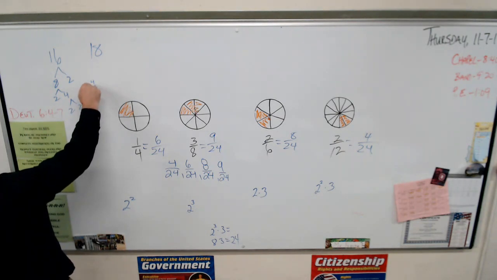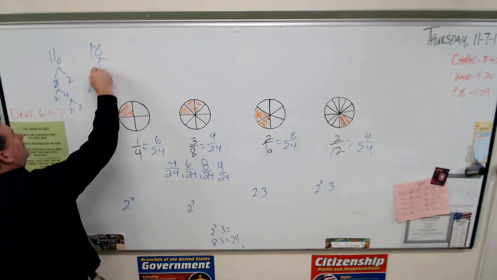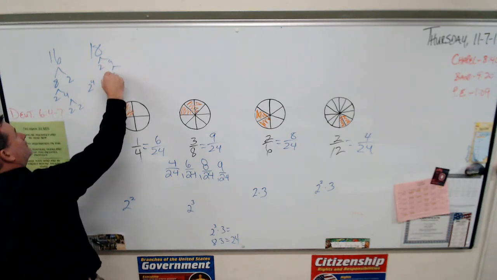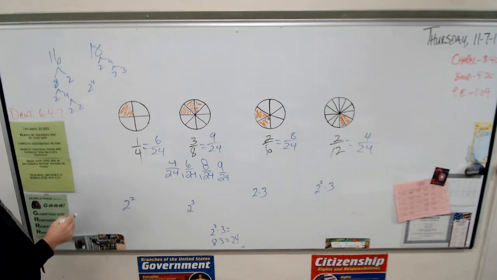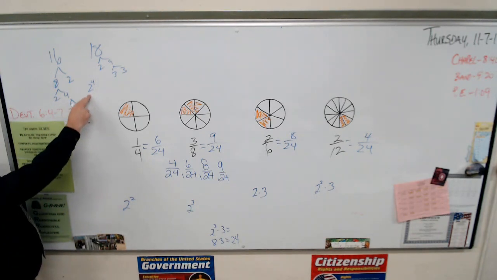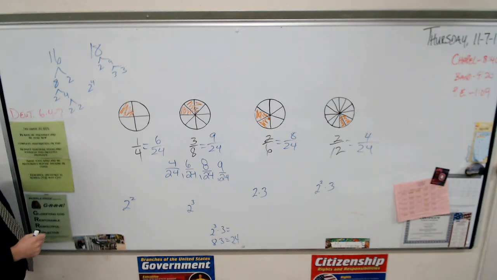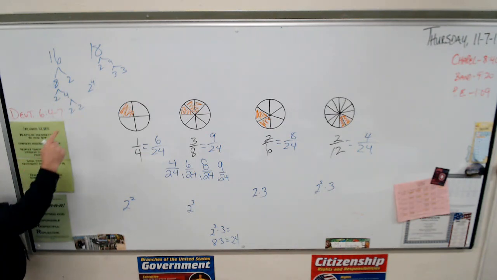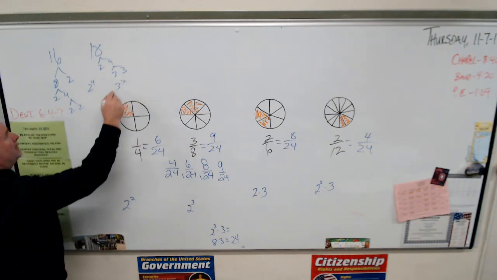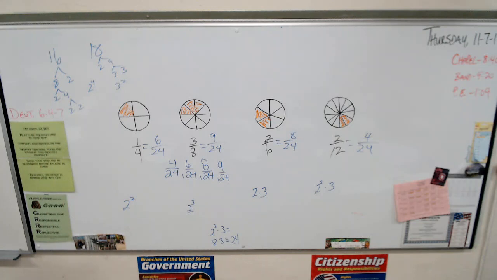Sixteen is 2 to the 4th. 18 is 2 times 3 squared. I've got 2 to the 4th and 3 squared.